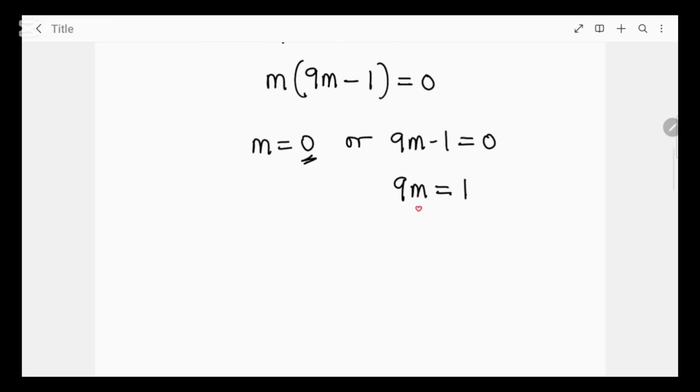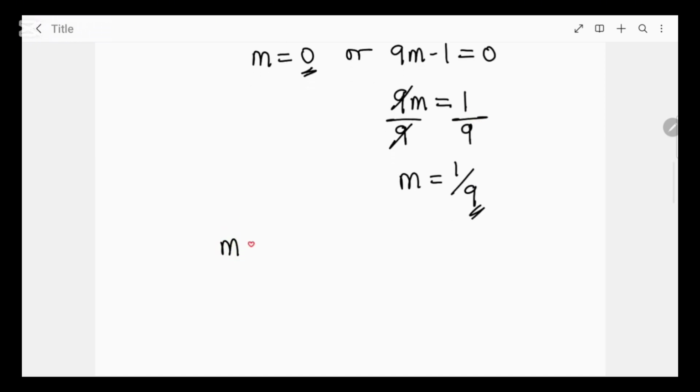Now let's divide both sides by the coefficient of m, that is 9. So divide the left hand side by 9, divide the right hand side by 9. Now see that 9 cancels out, leaving behind m equal to 1 over 9. So the two values of m we've got are m equal to 0, and m equal to 1 over 9.